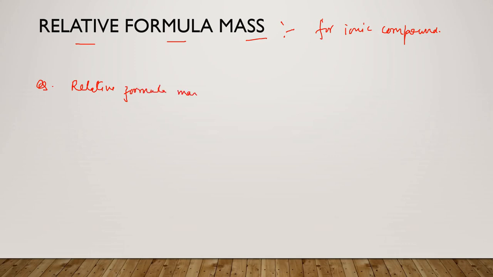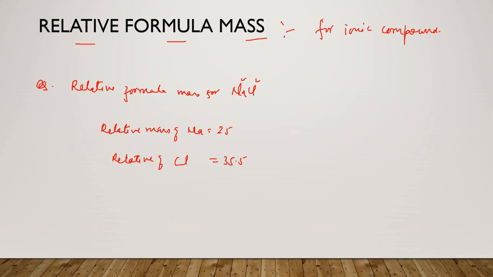As you can see, it is made of two atoms, one sodium and one chlorine. So what is the relative mass of sodium? The relative mass of sodium is 23. And what is the relative mass of chlorine? Just now we looked, it's 35.5.